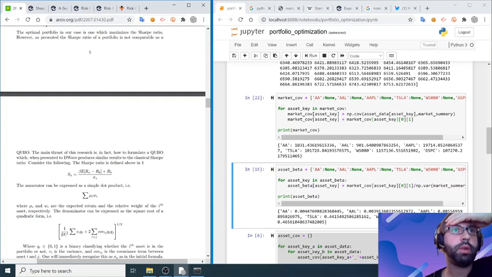The main thrust of the decision is to formulate the QUBO, which, presented to D-Wave, produces similar results to the classical Sharpe ratio. Consider the following. The Sharpe ratio is defined above as these. The numerator can be expressed as a simple dot product, where mu_i and w_i are the expected return and the relative weight of the ith asset respectively.